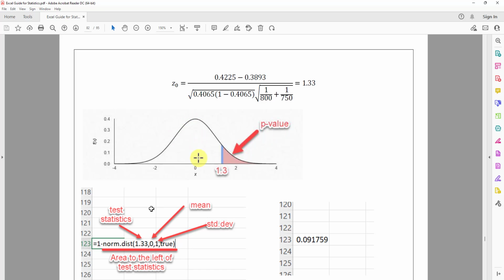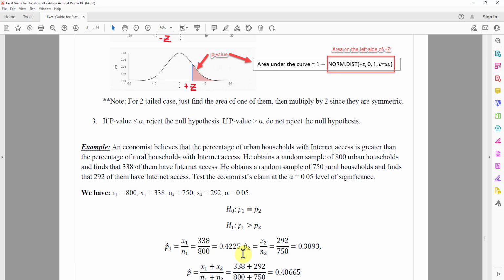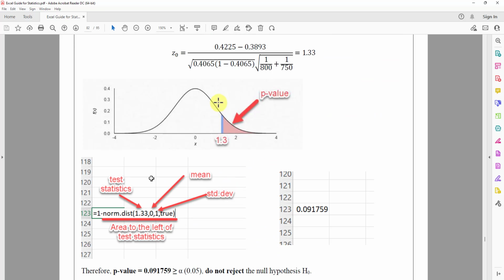Remember, 0 is always at the center. So 1.33 is a little bit to the right of 0. And this is the right tail because P1 greater than P2 is the right tail. Or you can see that the arrow is pointing to the right. So I'm looking for this area to the right of 1.33, and that is my p-value.